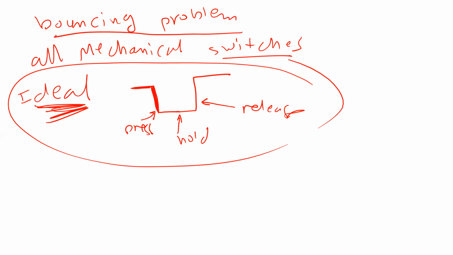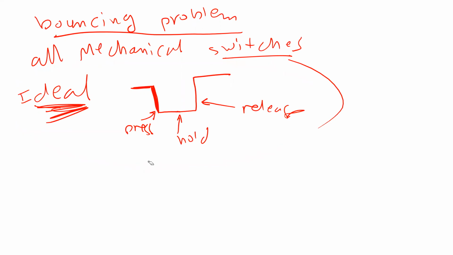If this is not the reality, how does reality look? The reality is that when you press the button, because the switch has mechanical parts, there is no way the switch moves from on to off in 0 seconds.